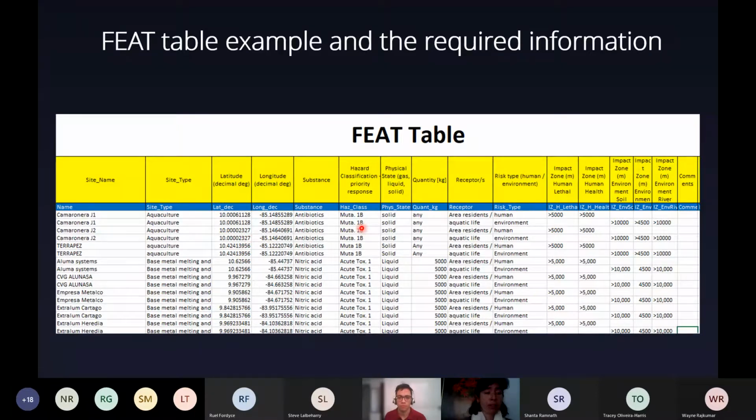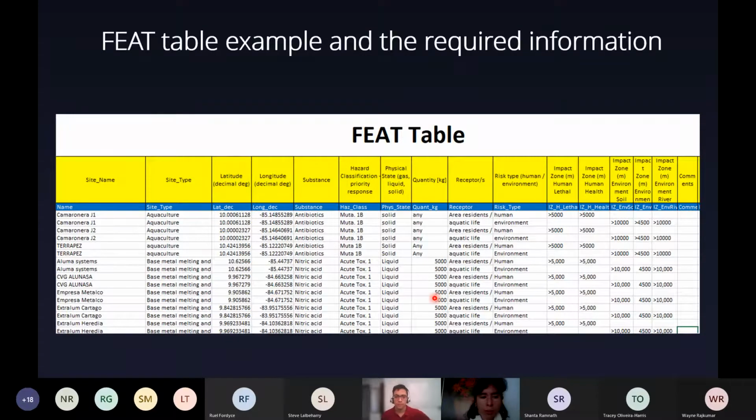But if you can provide this information, we can have better information and not make overestimations or underestimations, because of course, even if we have different kinds of operations, it's not always the same quantity, and a small operation, for example from aquaculture, does not represent the same kind of hazard as a large operation. So it is very important that you help us with this kind of information.